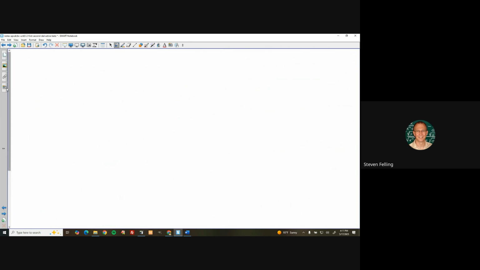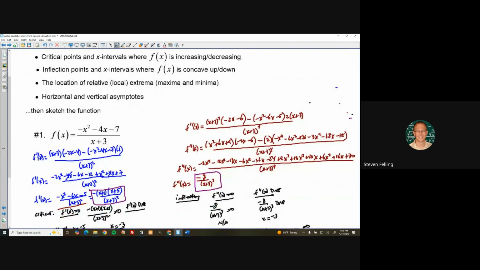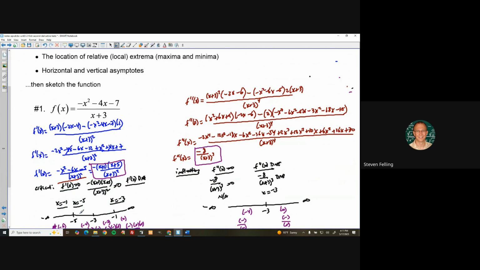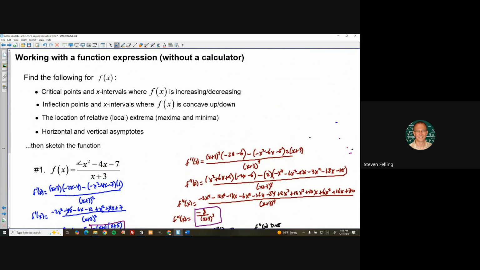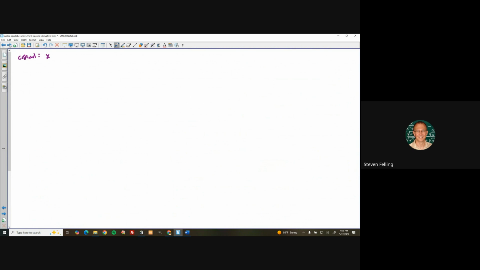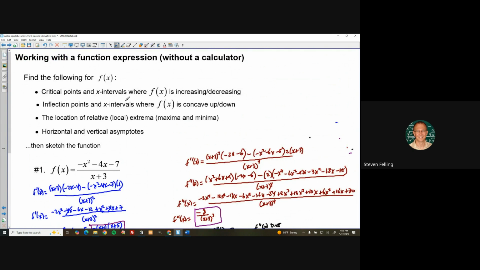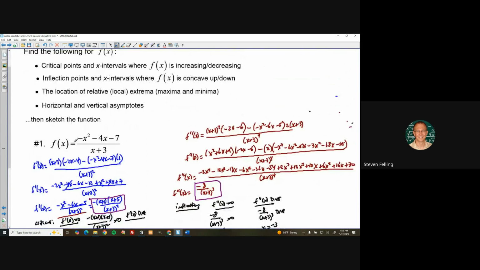I'm just going to write all this. Critical values. X is, let's see, we said negative 5, negative 3, negative 1. X is negative 5, X is negative 3, X is negative 1. Okay, then it said that we want to find the X where we're increasing or decreasing.